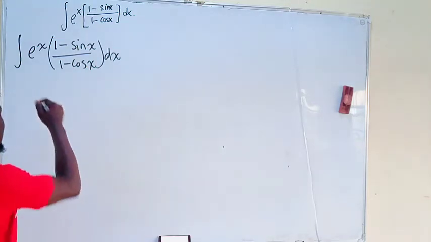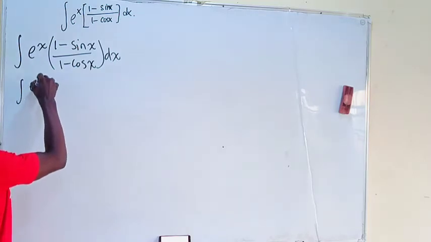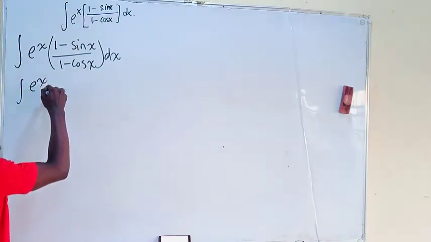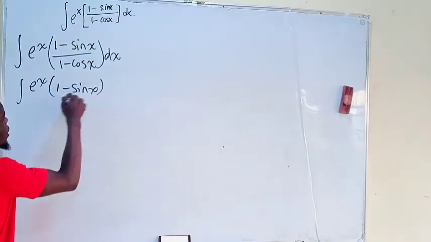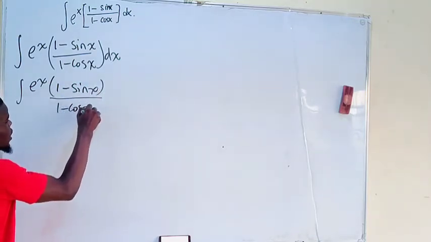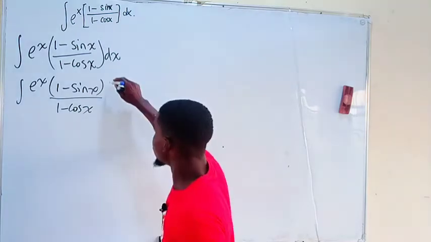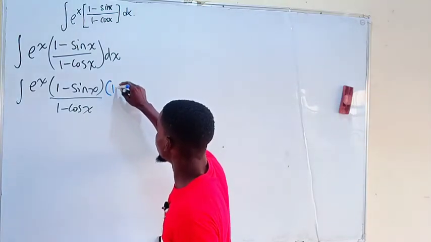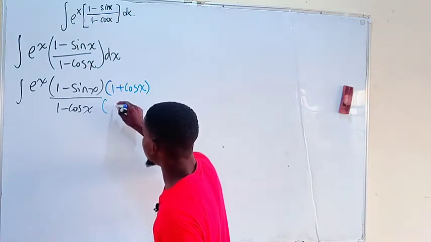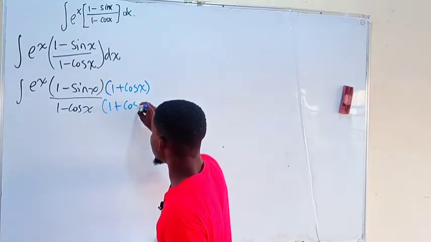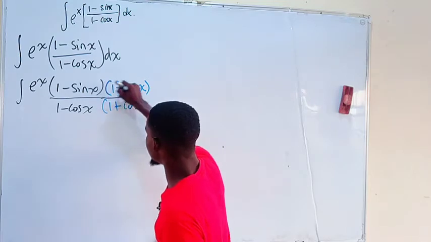And then we will have the integral of e to power x, and then the numerator here, 1 minus sine of x, and the denominator is 1 minus cosine of x. Let's multiply the numerator by 1 plus cosine of x. So I say the conjugate of the denominator, and then we do that to the top and bottom so that we can just get 1 as a result, right?